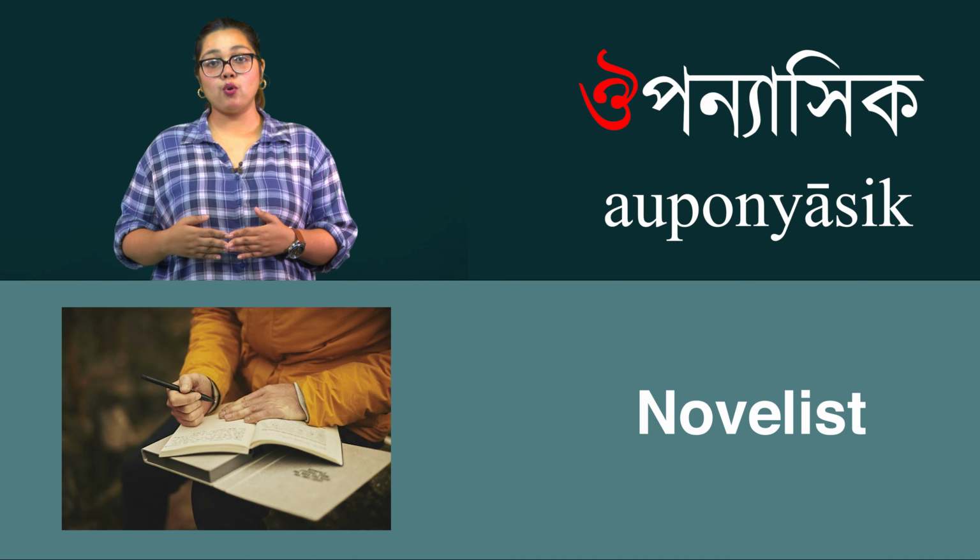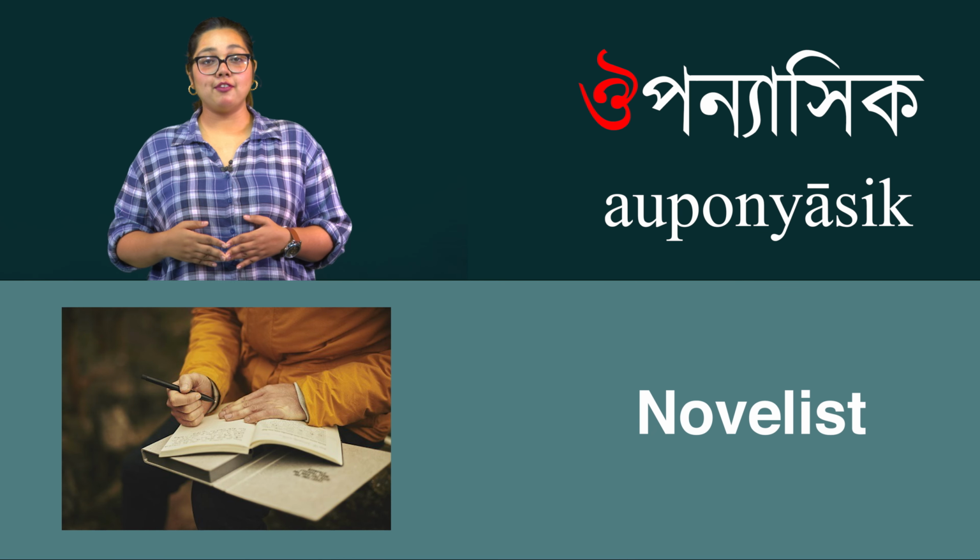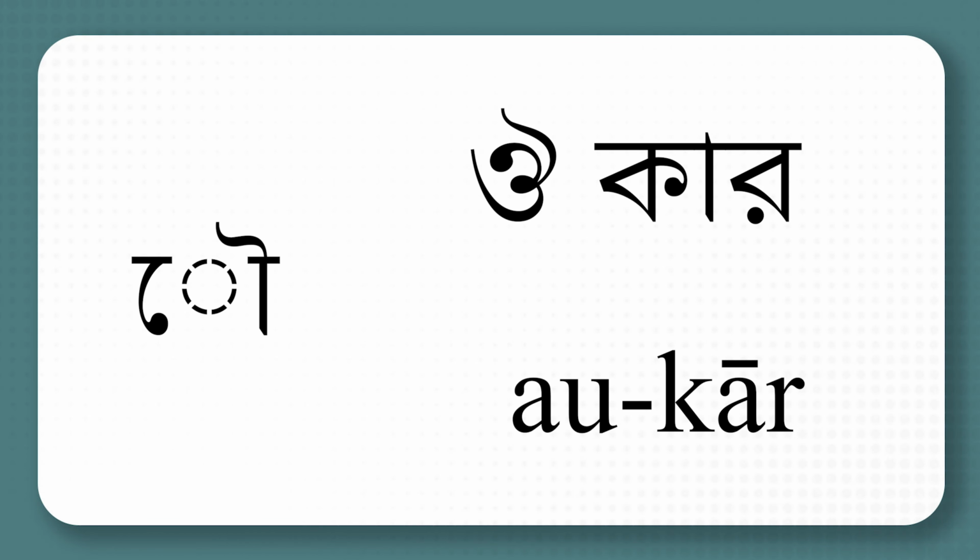The next letter is O. It is pronounced as O in the English word showcase. There is no matra above the letter. This letter can occur word initially, such as in Oponnashik, means novelist, in its original form. It also has a diacritic form Okar in the orthographic representations.